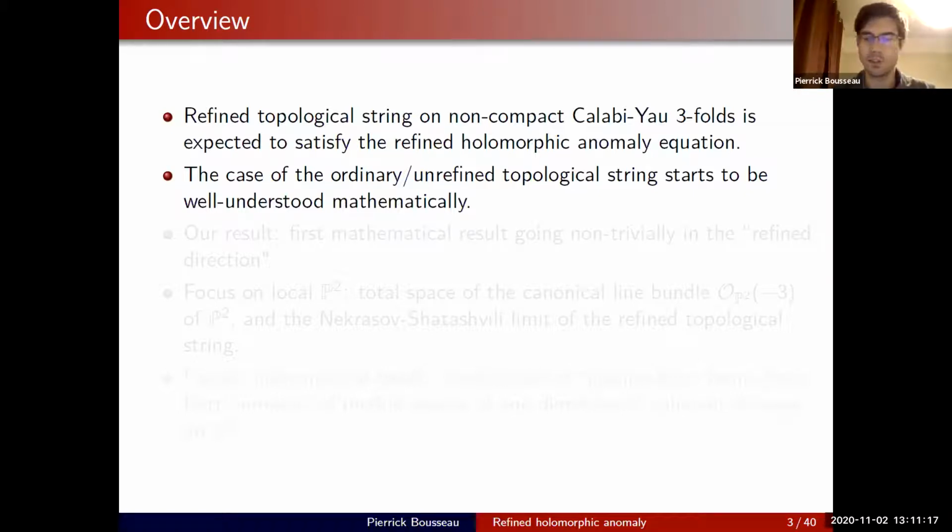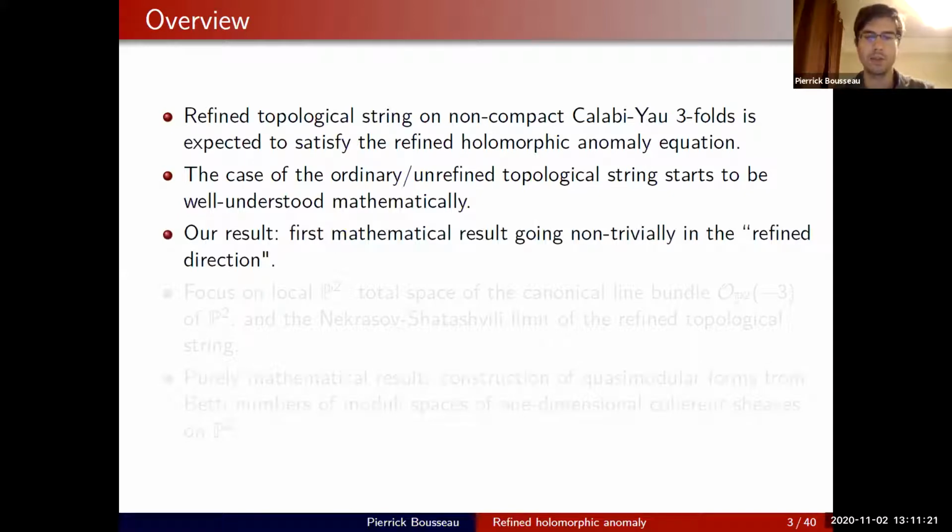The result I will talk about today is one of the first mathematical results going non-trivially in the refined direction. What I mean here is starting from a geometric definition of a refined topological string, to show that you indeed produce a solution to the refined holomorphic anomaly equation.